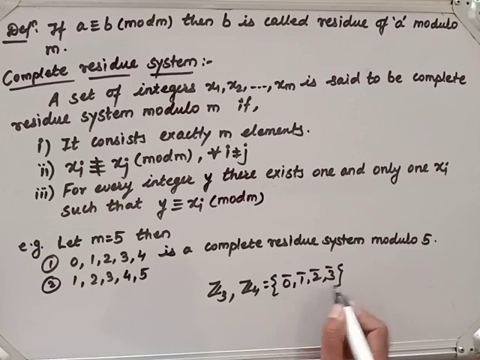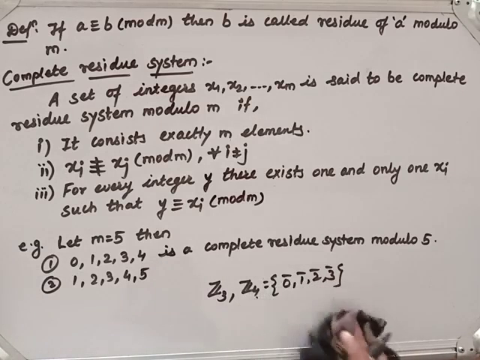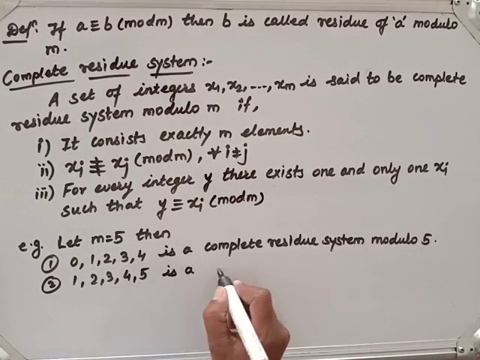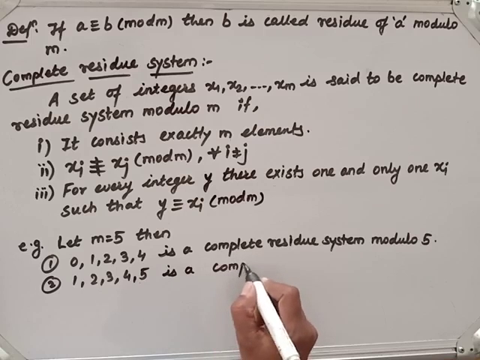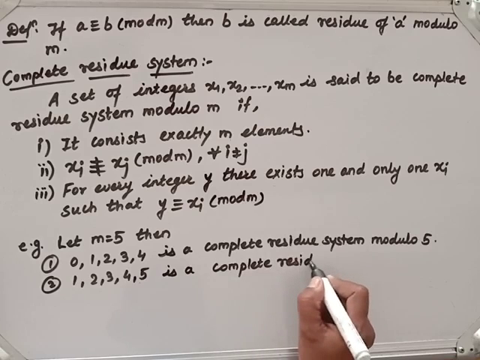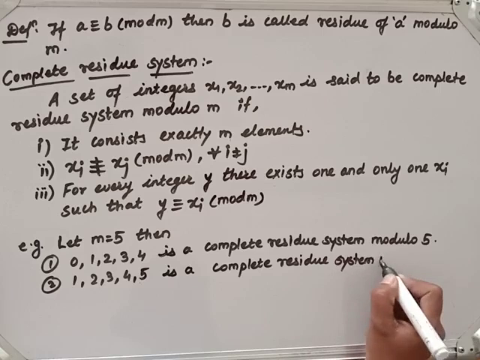These are the elements of this, the sets having the remainders left modulo 4. Same thing is here also. If it is modulo 4, modulo 5, modulo 3, whatever, then the remainder will be the least number. And at that time 5 is nothing but equivalent to 0. So this is a complete residue system modulo 5.